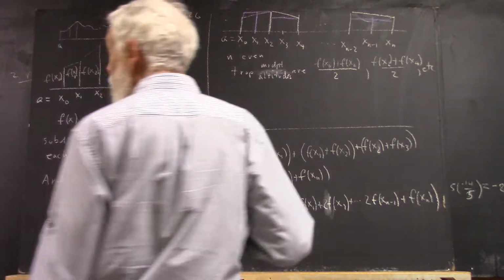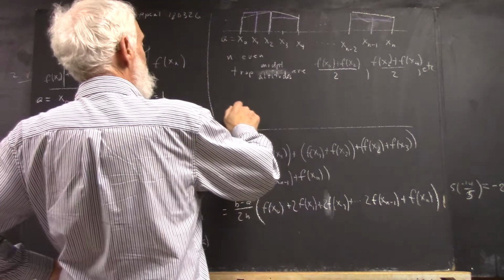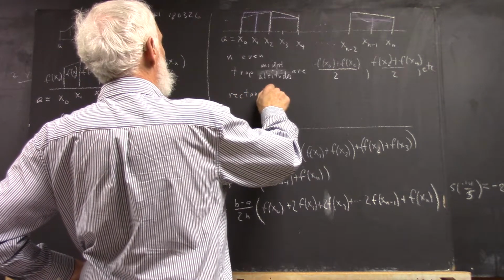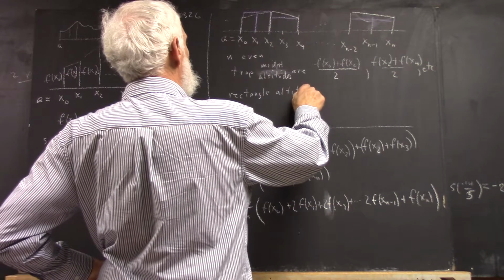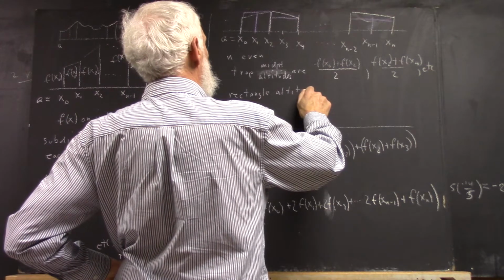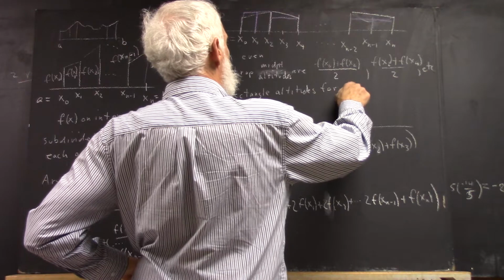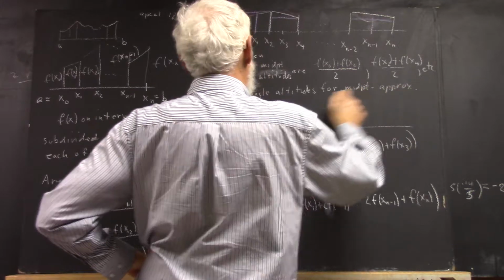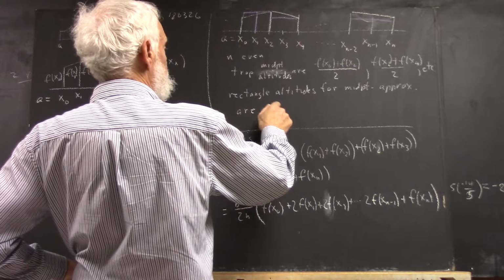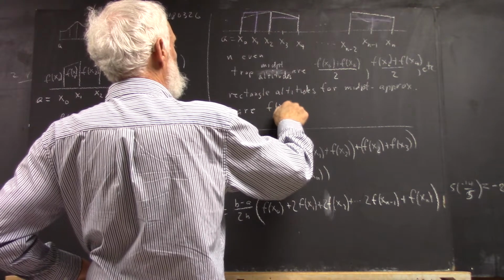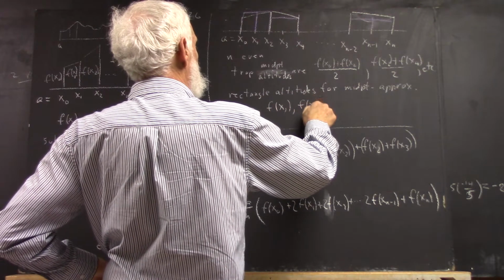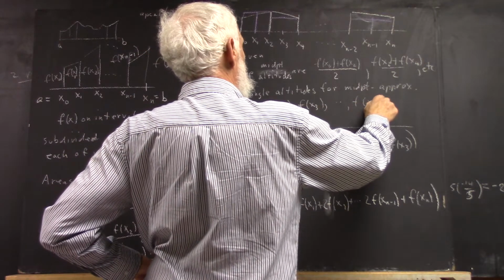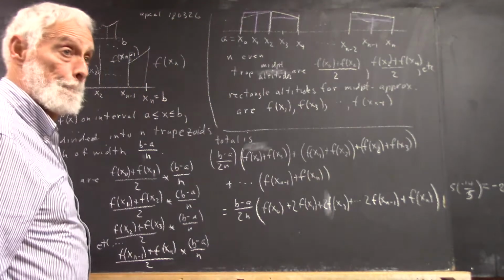Okay? The midpoint altitudes, the rectangle, for the midpoint approximation are f of x1, f of x3, that should be f of xn minus 1, right?